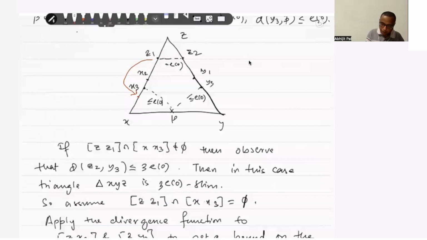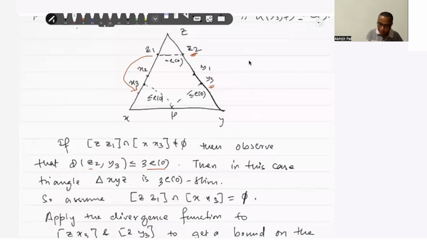Then you can observe, by a simple calculation, by applying the triangle inequality, that the distance between Z2 and Y3 will be less than or equal to 3 E naught.